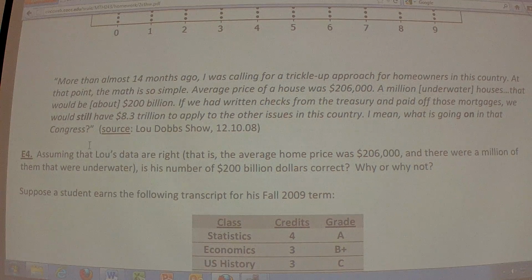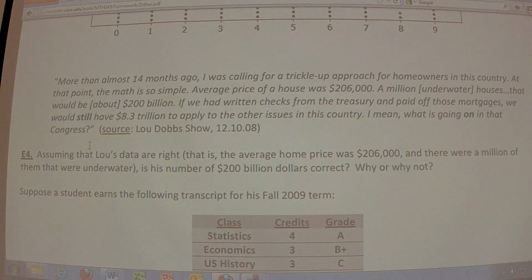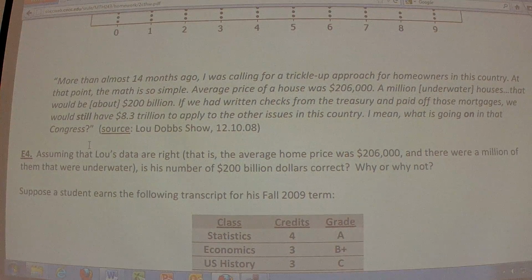Feel free to ignore the $8.3 trillion. That's not important. I mean, it's important because it's our kids who are paying it off, and their kids. But it's not important for the purposes of what I'm asking you right now, which is, can you believe the fact is $200 billion? So I said yes, but I'm doing some ishing with that yes.